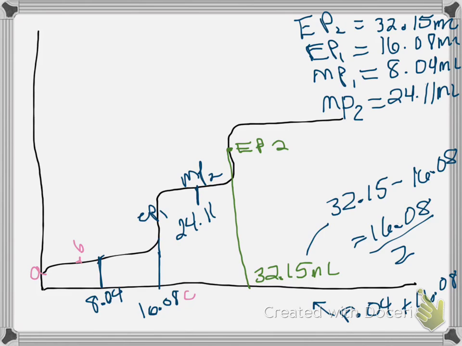Oh, that's our equivalence point 1. D is 24.1. Oh, okay, so that's midpoint 2. E is going to be 32.15 milliliters, so that's equivalence point 2. And then finally, F is 40 milliliters, which is somewhere after the equivalence point. So these are the ones we're going to calculate.